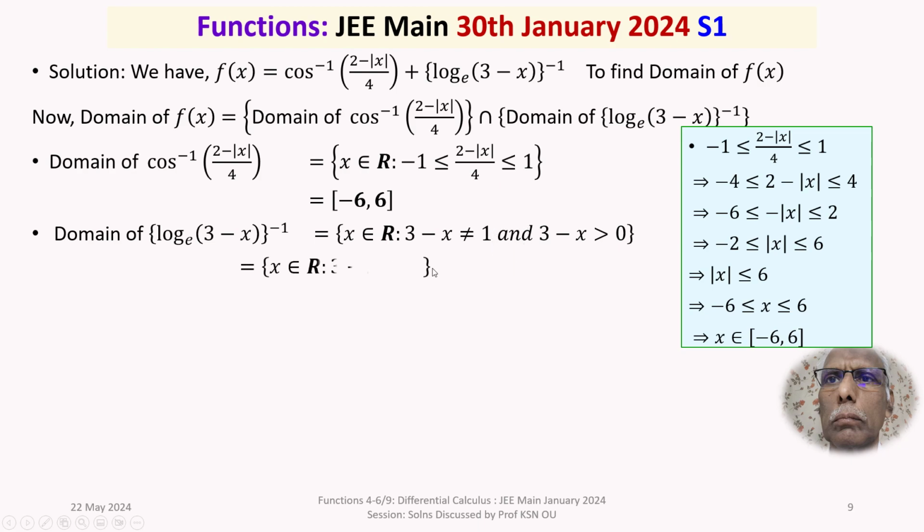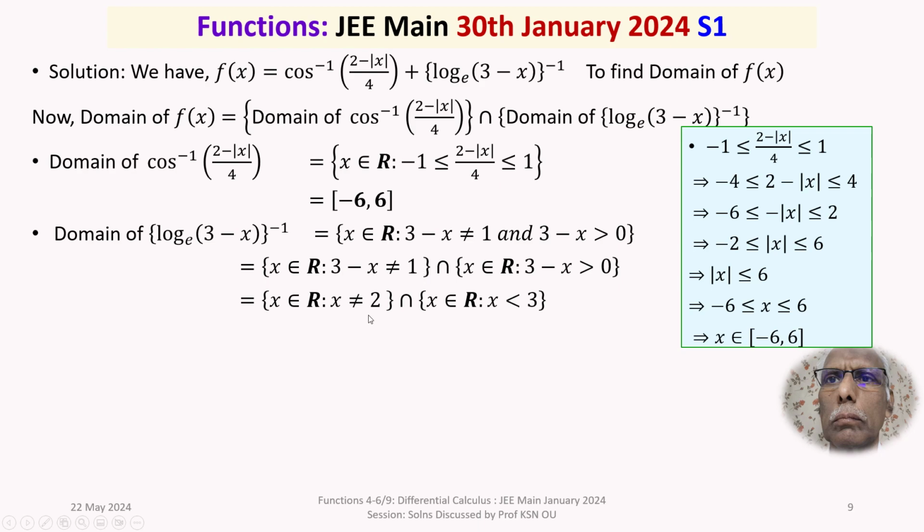So it is the set of all x belongs to R such that 3 minus x is not equal to 1, intersection with the set of all x belongs to R such that 3 minus x is greater than 0. 3 minus x not equal to 1 means x is not equal to 2.